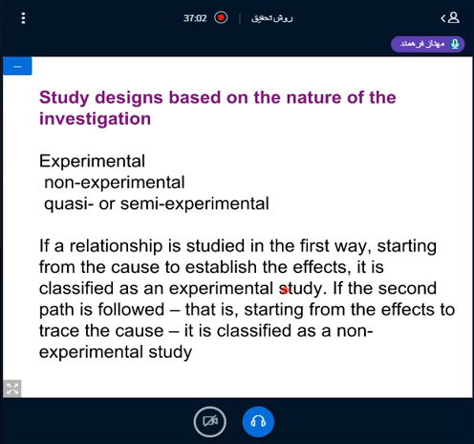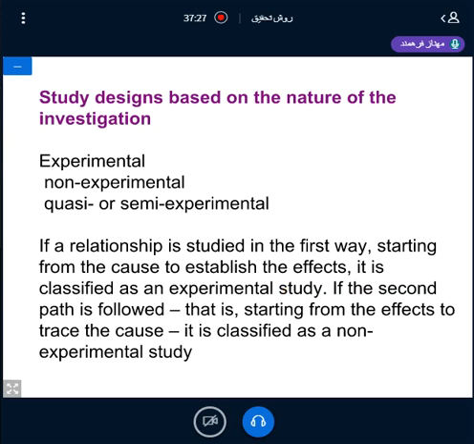If a relationship is studied in the first way, that means experimental, starting from the cause to establish the effects. So, in experimental studies, we first study the cause and then we must establish the effects. It is classified as an experimental study.